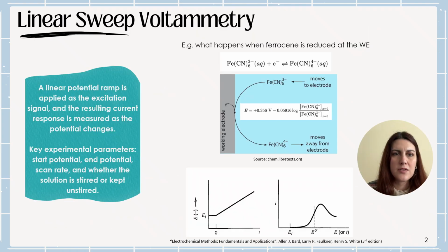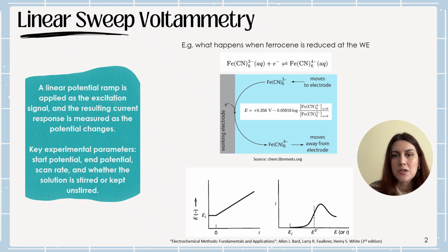One of the most widely used electrochemical techniques is linear sweep voltammetry, often abbreviated as LSV. In this method, we apply a linearly changing potential to the working electrode, meaning that the potential increases or decreases at a constant rate over time. This changing potential is called the potential ramp.